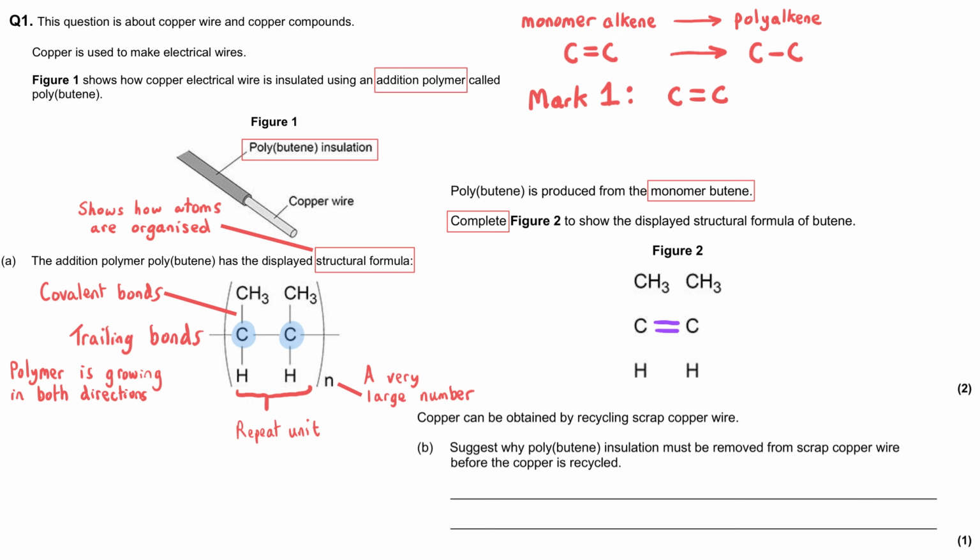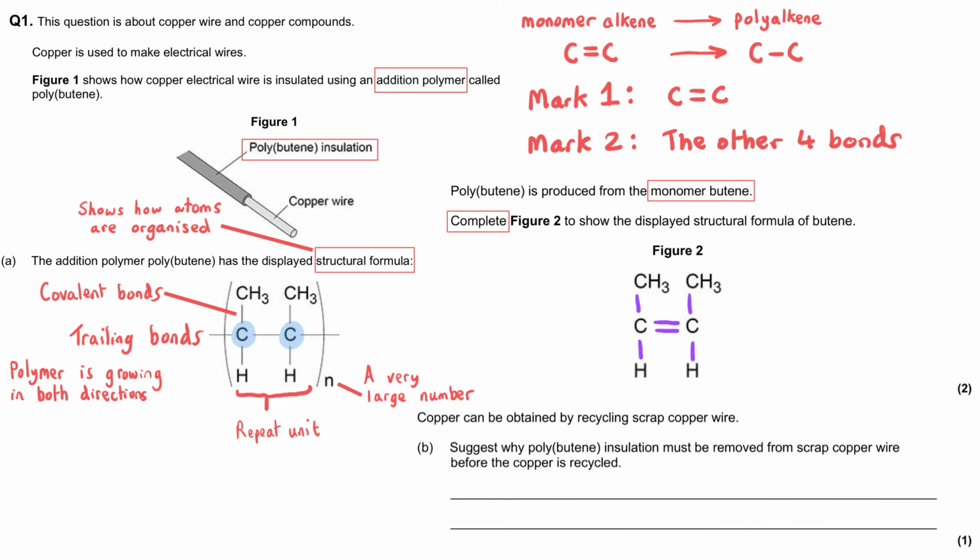Another feature of the monomer is, in fact, that all of the atoms inside the polymer repeat unit are present inside the monomer, and they're bonded in exactly the same way. So we need the bonds between the carbons and the hydrogens, and the CH3s and the carbons above and below our double bond.